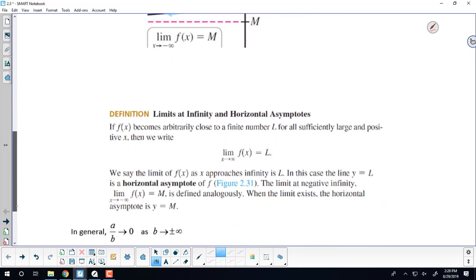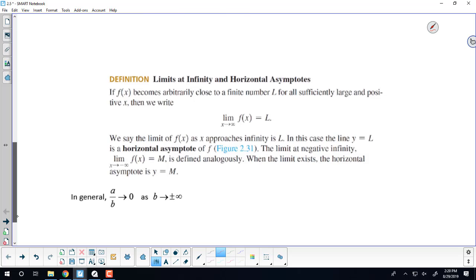Okay, so we'll define that. And this is specifically talking about limits at infinity that are equal to a finite number. So note here, we didn't say the limit as x approaches infinity of f of x is equal to infinity, right?